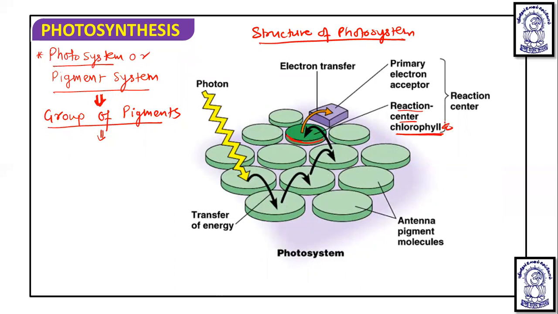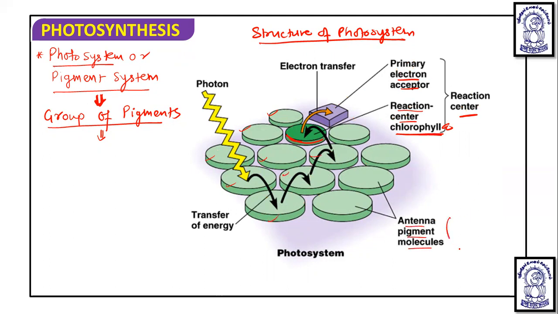Okay. And this is the primary electron acceptor of this reaction center or photosystem. These form a reaction center. Now all these somewhat light greenish ones are the accessory pigments or antenna pigment molecules.